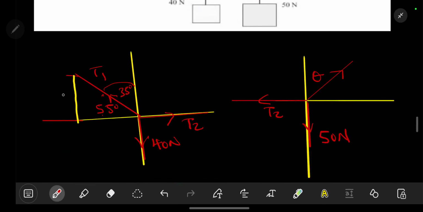If this is our T1, the opposite side will be T1 sine of 55 degrees using this angle. Then the base will be the cos of 55 degrees.